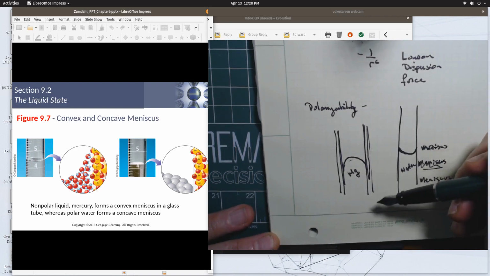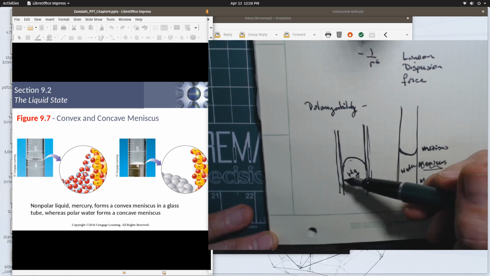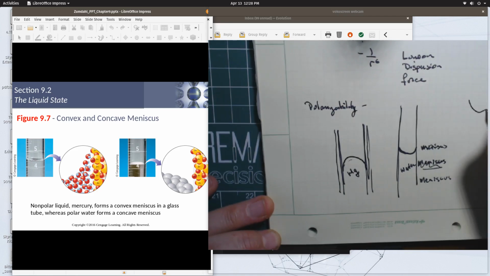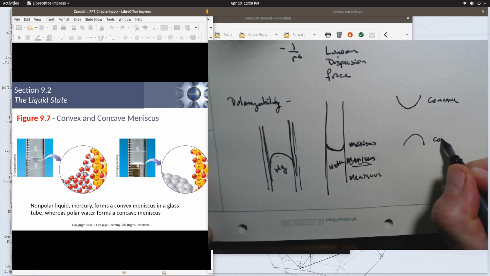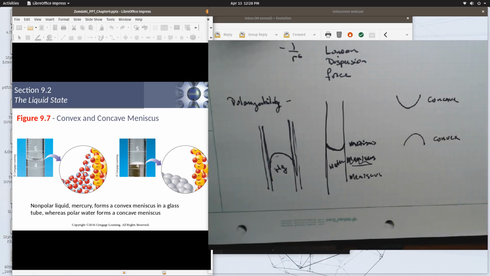And in mercury, it's a very weak interaction. It's this convex meniscus. So concave, like this, convex means that.